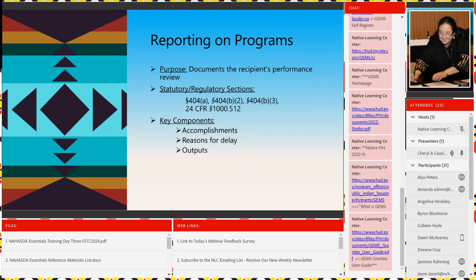What does this mean? It means that if you put something in the IHP, you should plan on doing it. I have been in places where they say they're going to do something, and I look at 3 years' worth of IHPs and APRs, and they haven't done it once. If you're not going to do it, or you don't think you're going to do it, take it out. You can put it in there at any time you want.